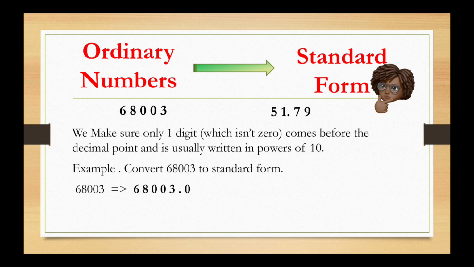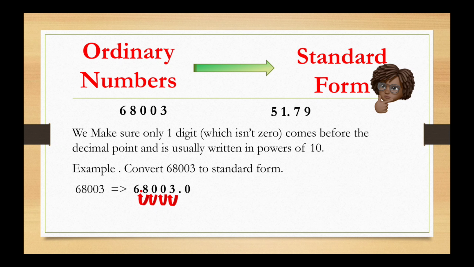Okay, now that we've identified what the decimal point is, we're going to have to move this decimal point to the left just so that we can have one digit before the decimal point. As it is, we have about 5 digits before the decimal point. So we're going to start by moving 1, 2, 3, 4 decimal places to the left. And that's where the decimal would have to be so that this is in standard form.